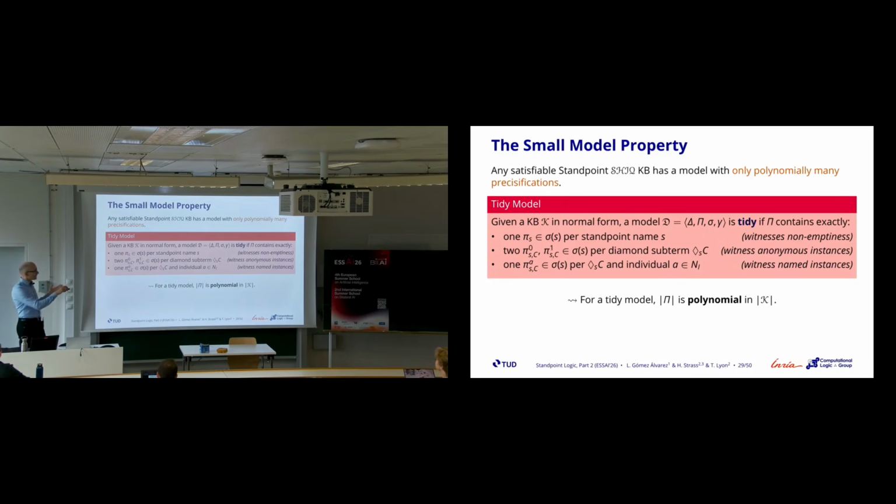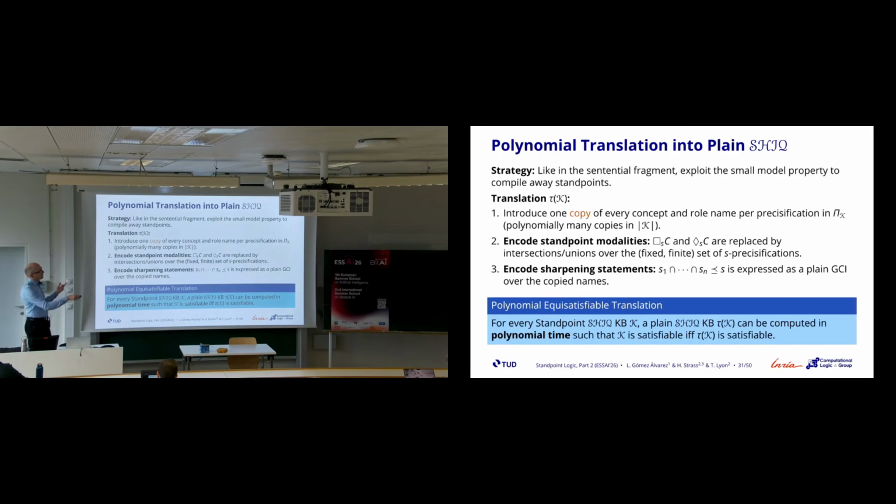Right? And that gives you, by simply looking at the syntax, an upper bound on the number of precisifications you will maximally need in a tidy model. Right? And those we call pi k. And we know if there is no model with these pi k many precisifications, then it's unsatisfiable. Right? So it suffices to just search models of this kind. Right?